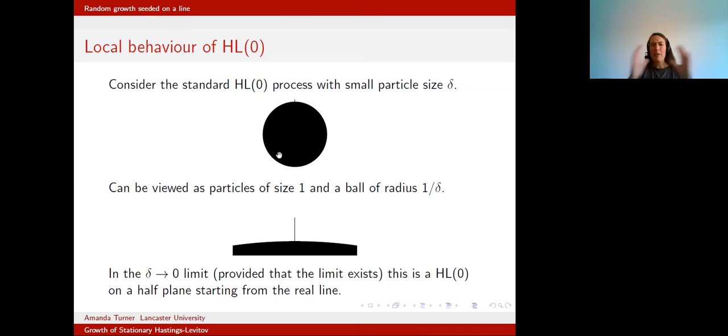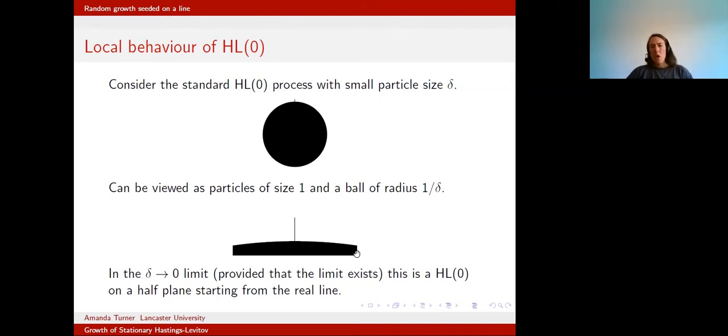We can, just by changing our scale, rescale this to make the particle have size 1, and in this case the disk is going to have radius 1 over delta. And so you can see that as you let delta go to 0 and look at where this particle has landed, the disk turns into the lower half plane, and you're sticking slits of length 1 onto that.